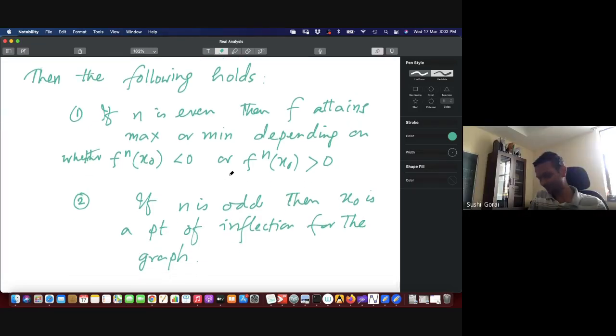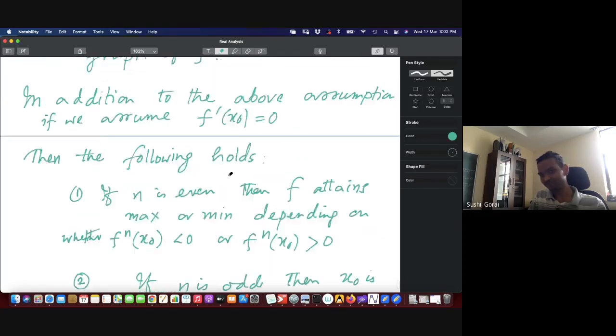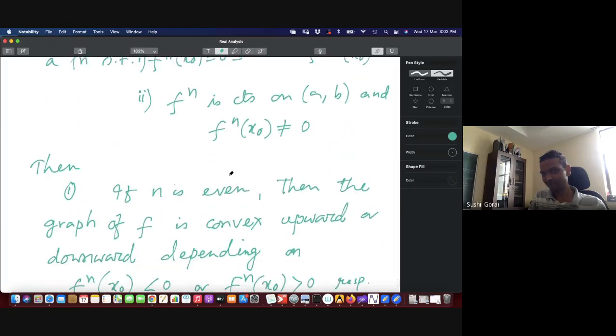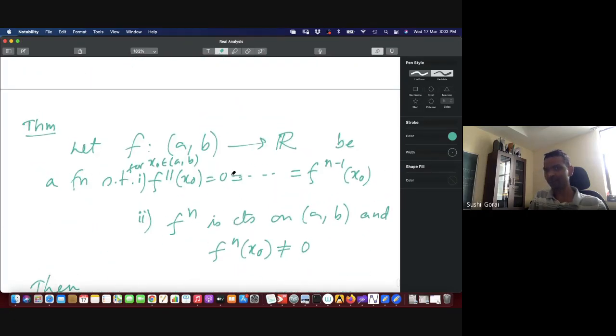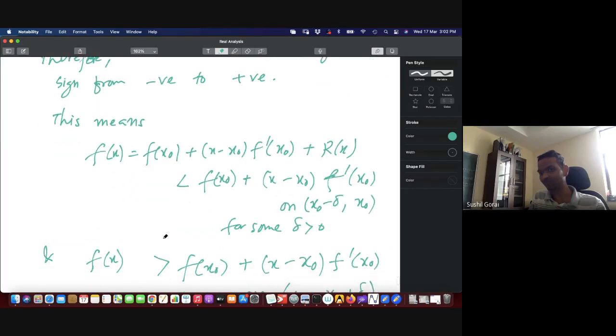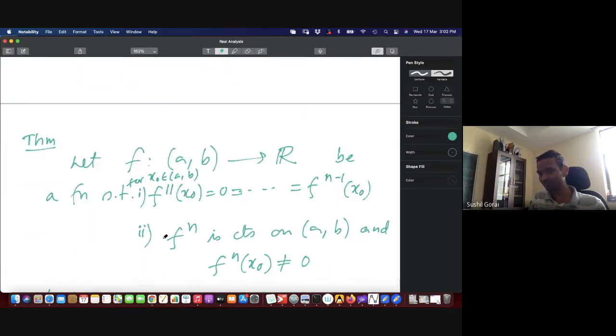Yes, just using Taylor's formula. So you have to use Taylor's formula. All the other derivatives are 0. So after the first derivative, another derivative will occur, and the same argument, whatever we have given here, would give the proof.